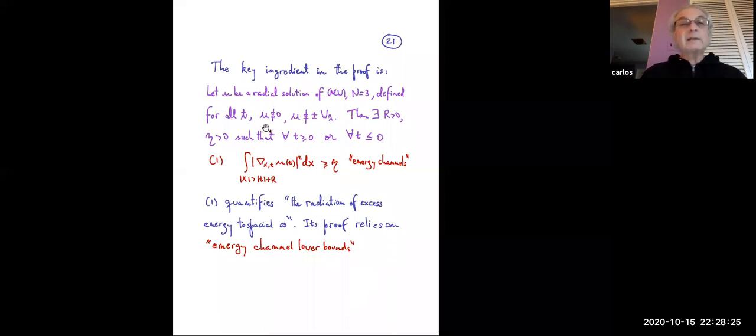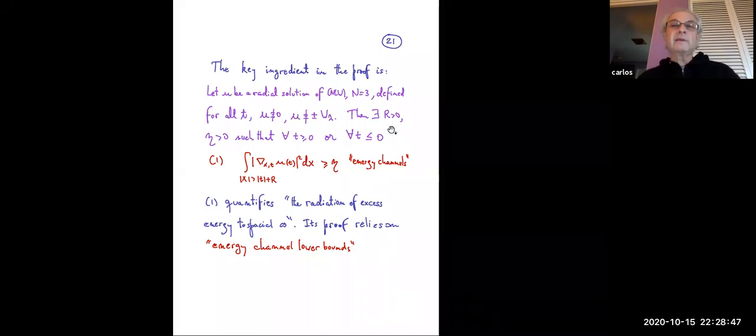And suppose that it's not one of the known solutions, let's say. It's not 0, and it's not plus or minus W sub lambda. So these are the 3 known solutions. If you eliminate those 3 solutions, then an energy channel forms.